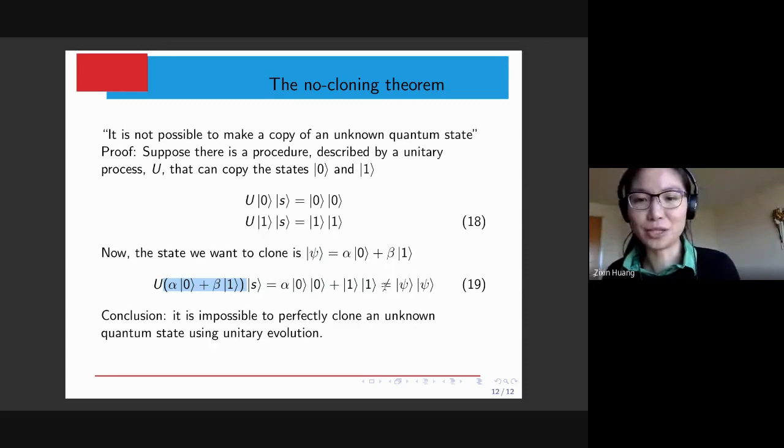Is it actually clear to everybody that alpha 00 plus, oh, there's supposed to be a beta there, plus beta 11 is not equal to 2 copies of psi? Does anyone want me to do another board? Okay, well, let me do it anyway.